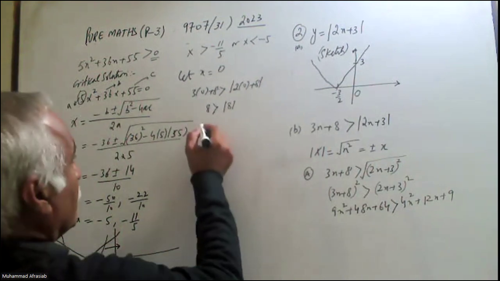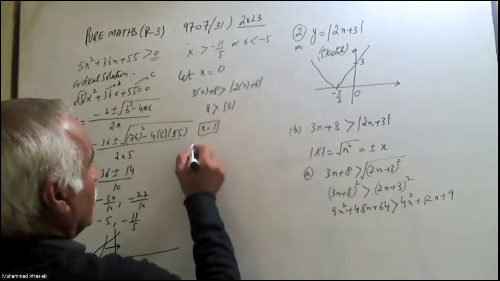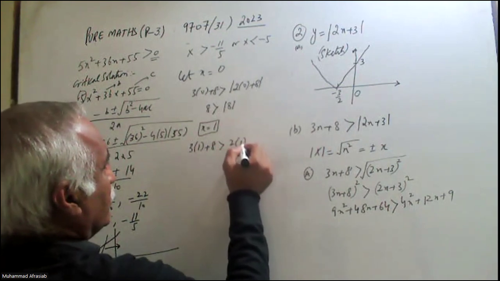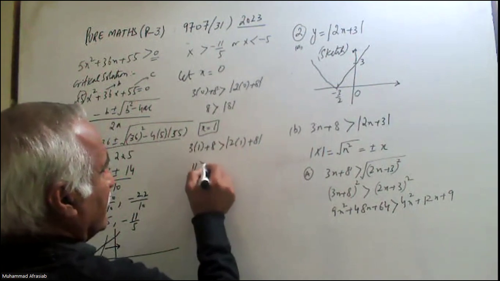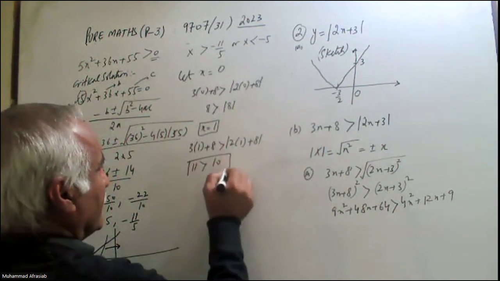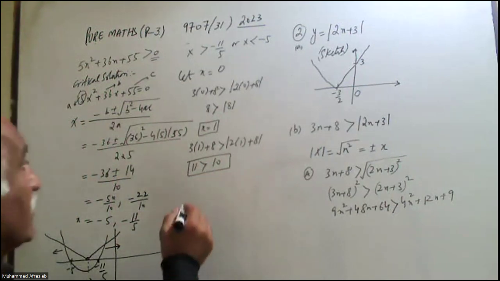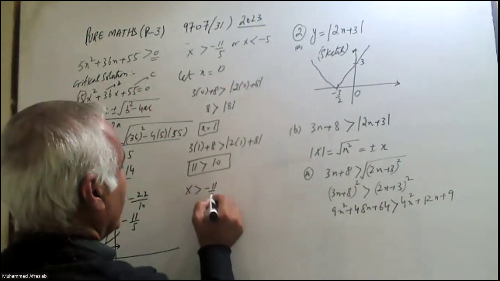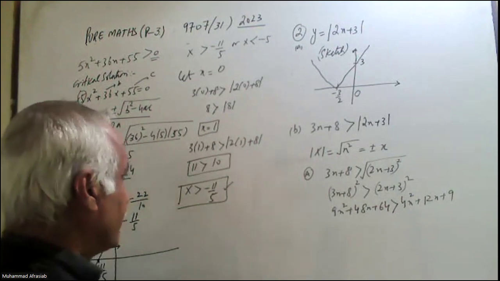Let's say x is equal to 1, for this portion. So 3 into 1 plus 8 is greater than 2 into 1 plus 8. So this is 11 is greater than 2 plus 10, so 11 is greater than what? 10 value there. So this value is correct for this portion, that x is greater than 11 over 5. This is answer 1 there.